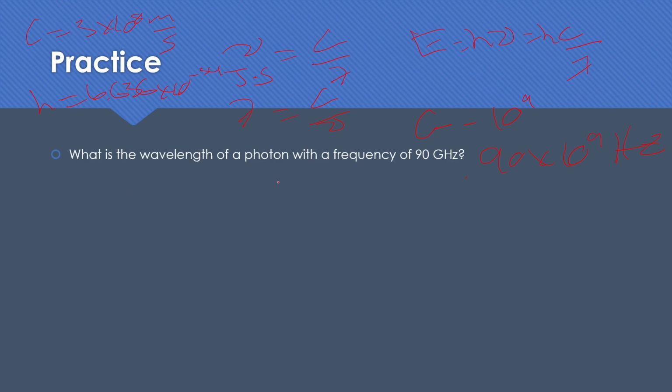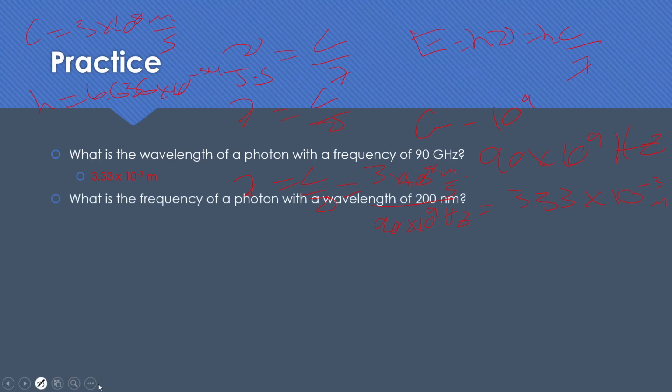So here we'd say, all right, well, lambda is equal to c over nu, which is 3 times 10 to the 8th meters per second divided by 90 times 10 to the 9th hertz. You get 3.33 times 10 to the minus 3 meters.